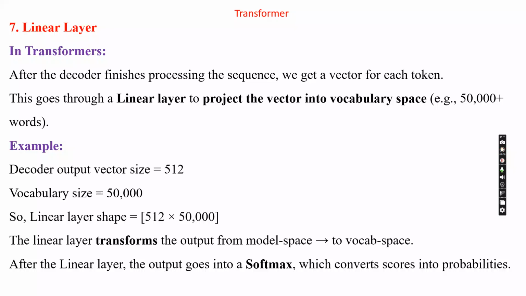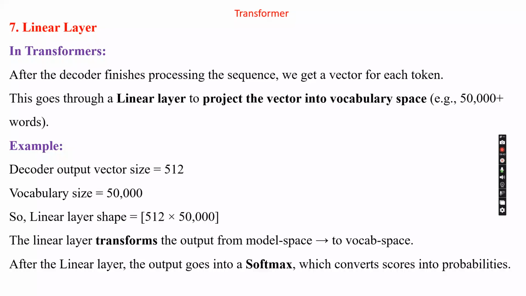Now, next is the linear layer. The decoder produces an output vector for every word. The linear layer converts this vector into vocabulary space. For example, if the hidden vector size is 512 and the vocabulary contains 15,000 words, the linear layer converts the 512-dimensional vector into 15,000 possible word scores. These scores are then passed through the softmax function.